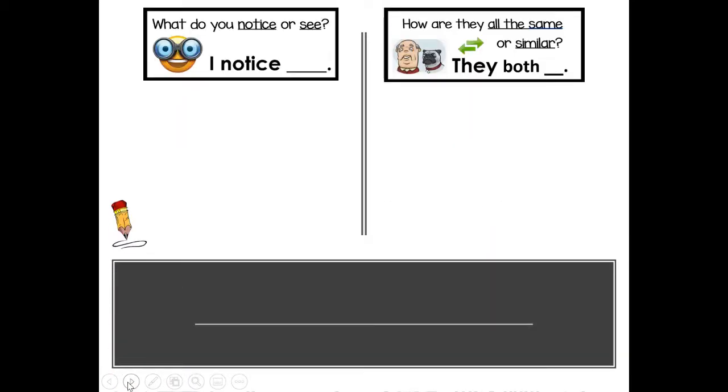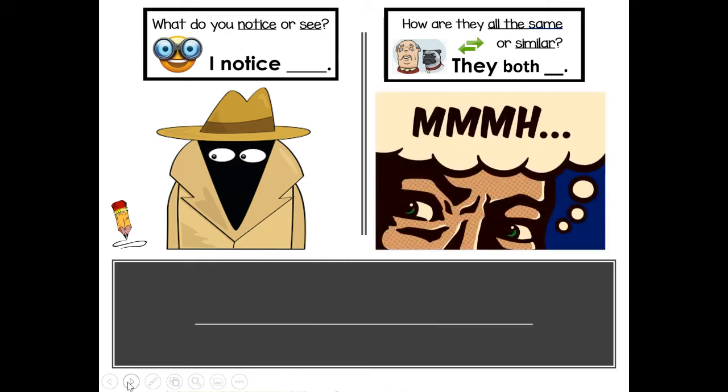So the next picture, and I'm sorry I had those out of order. Look at these two pictures. And first of all, what do you notice or see? What do you notice about one or both of these pictures? I notice. Well, in the first picture, I notice it looks like someone who is spying or going undercover.